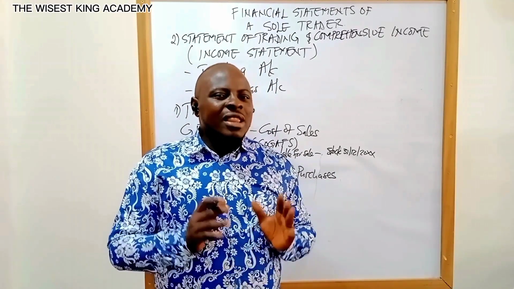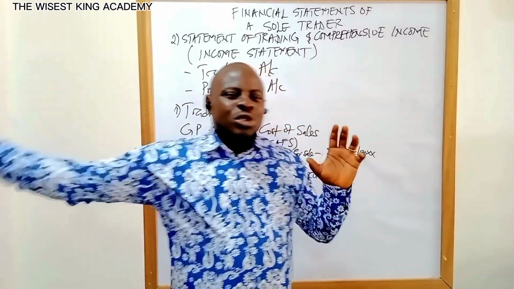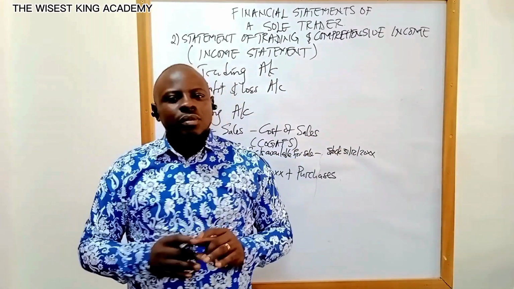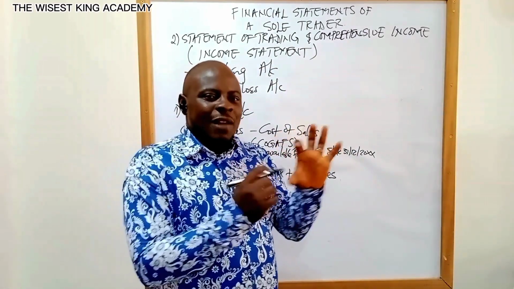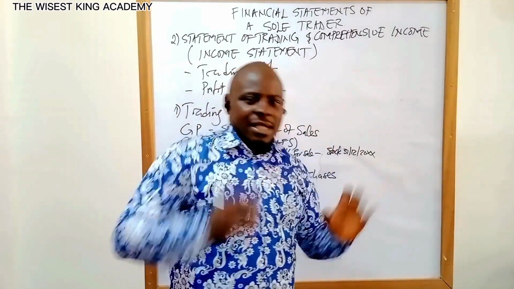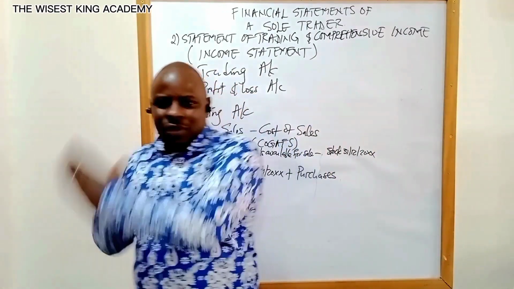So I cannot take the sale of 8 and subtract from it the cost of 10. No. What I should subtract from the sale of 8 to give me my profit should be the cost of 8. So that's why we take sales minus cost of sales.